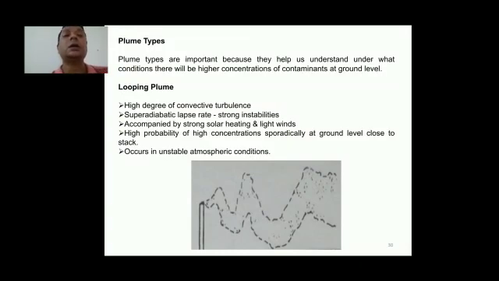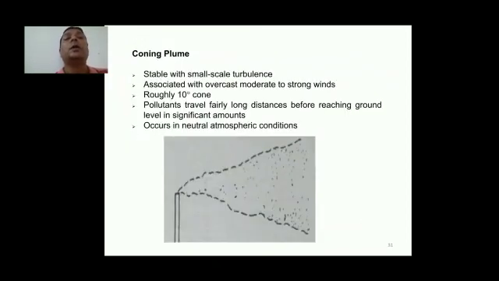We are seeing the looping plume. Coning plume, as you are seeing in the picture, is stable with small scale turbulence associated with overcast, moderate to strong wind, roughly a 10 degree cone. Pollutants travel fairly long distances before reaching ground level in significant amount.